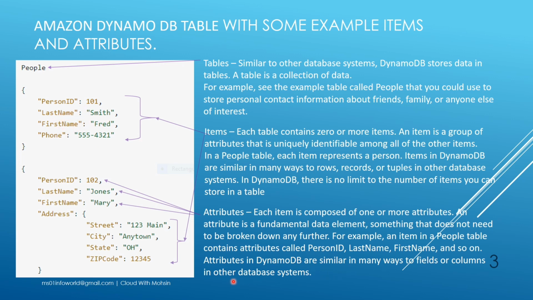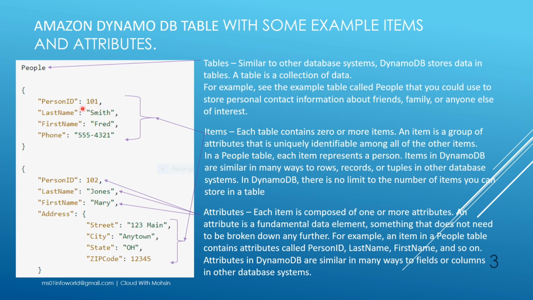In a similar way, when we form an Excel sheet with rows and columns, an attribute is similar to a column. The group of these attributes will form items.